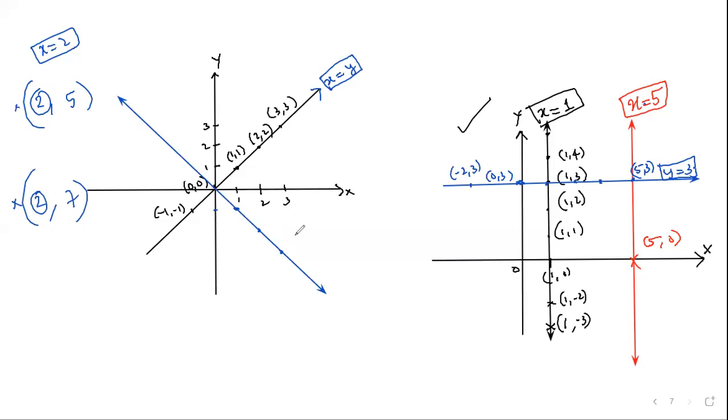Y is equal to minus x, or you can say x plus y is equal to 0. Because here it will be 1 comma minus 1, 2 comma minus 2, 3 comma minus 3. So you will notice that x and y are opposite in sign, but equal in magnitude. So you can write y equal to minus x.